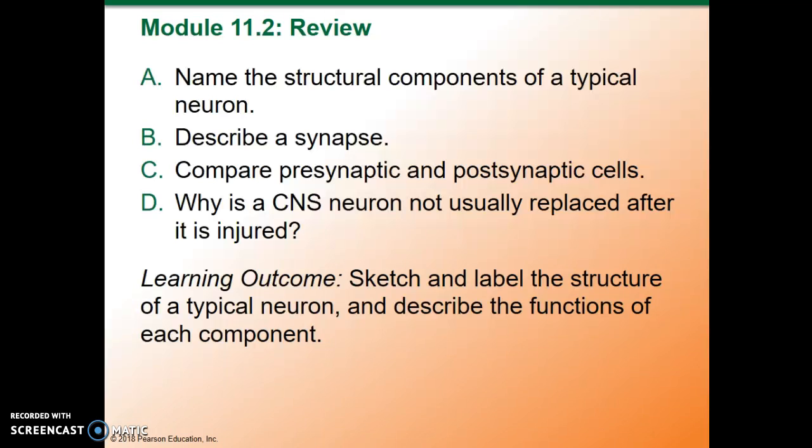There will always be a gap there. It is neurotransmitters that cross that gap. Compare a presynaptic cell to a postsynaptic cell. Well, the presynaptic cell will always be a neuron, and the postsynaptic cell can be a muscle cell, a neuron, or a gland. And why is a CNS neuron not usually replaced? Because it has no centrioles.